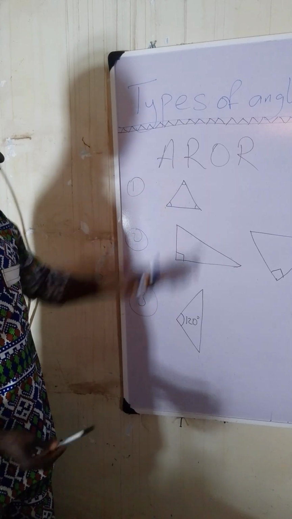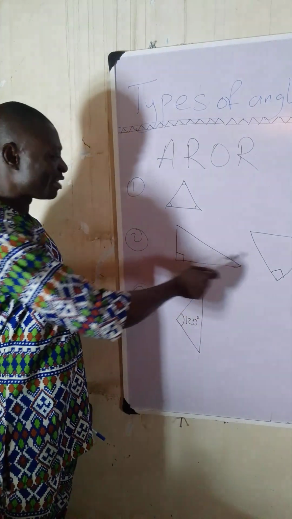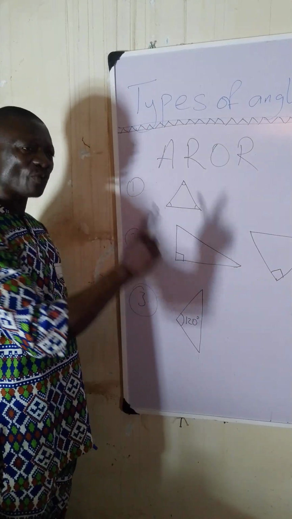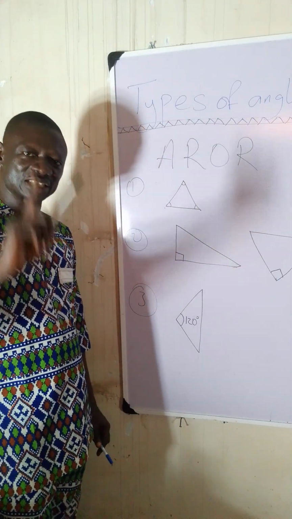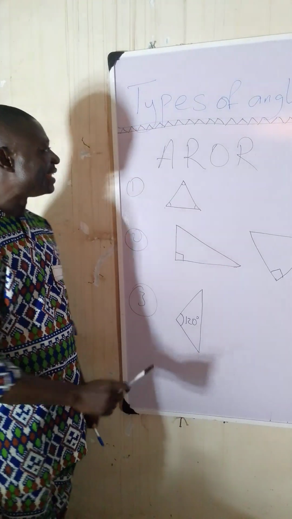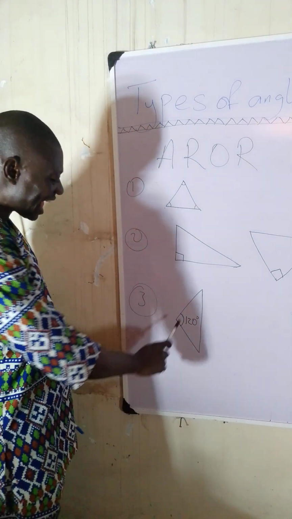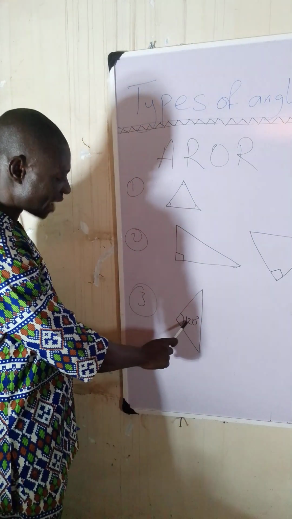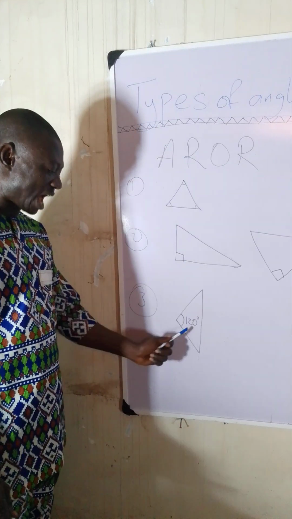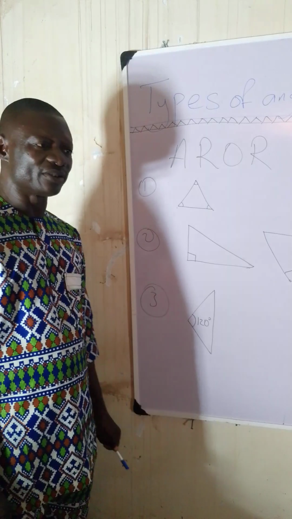Acute angle triangle has acute angles all through. Right angle triangle has one 90 degrees, that is one right angle as one of the angles. And the obtuse angle triangle has only one obtuse angle, for example, 120 degrees as its angle.